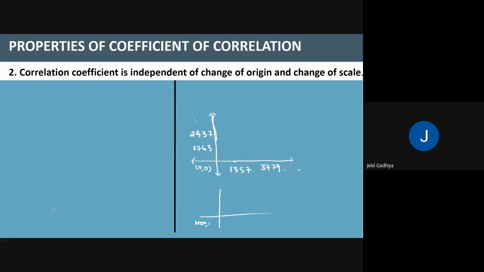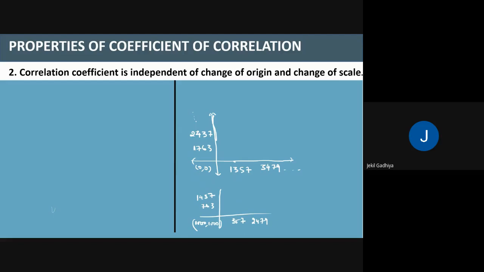So 1357 will convert into 357. 3479 will convert into 2479. Right. Here it is converted into 763. Here it is converted into 1437. So here we change the origin.